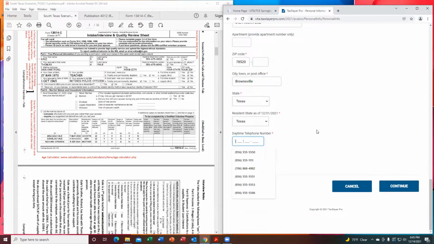Now, when we're dealing with a married filing joint return, we always want to have two phone numbers. And one of the things to remind the client regarding phone numbers is that it's not for the IRS to call them.